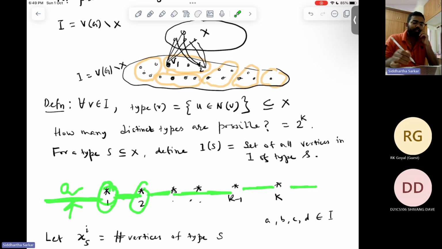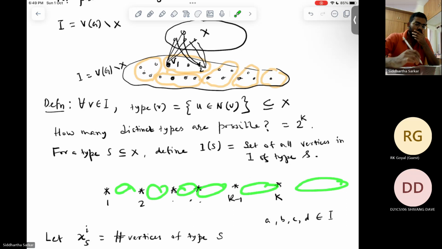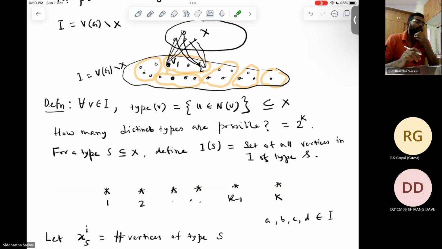This is pocket 3, like that. This is the kth pocket, and this is the k plus 1th pocket. So we have k plus 1 pockets here.